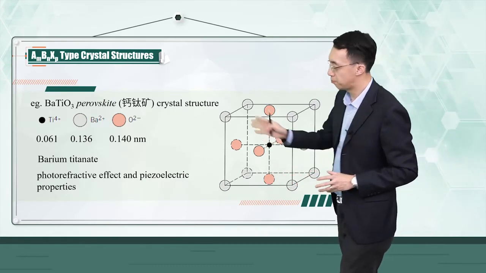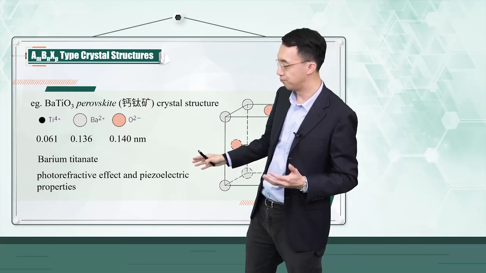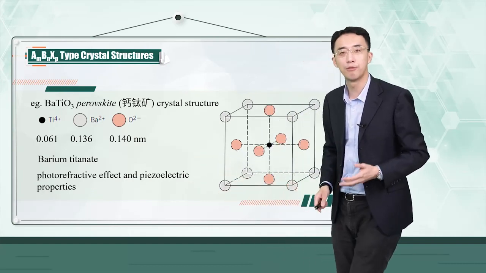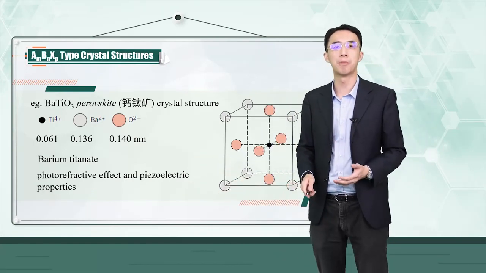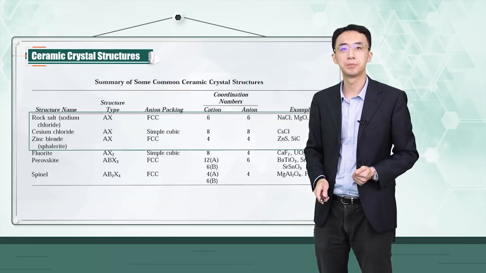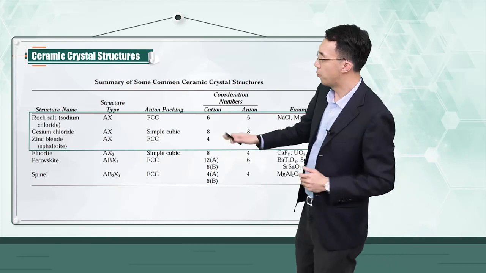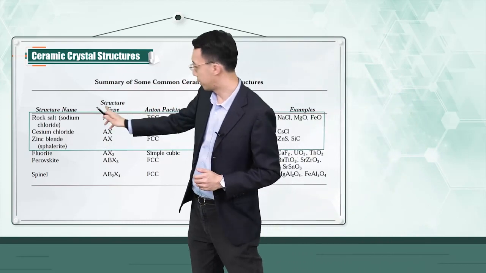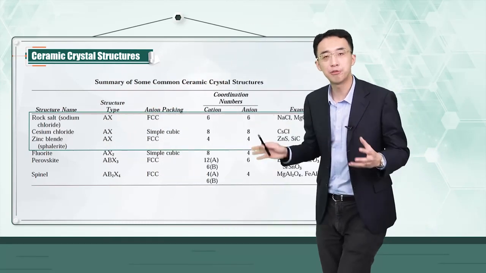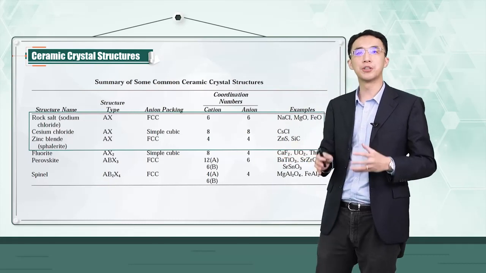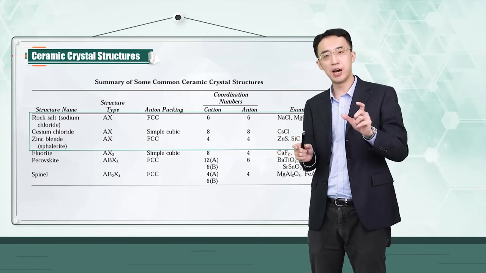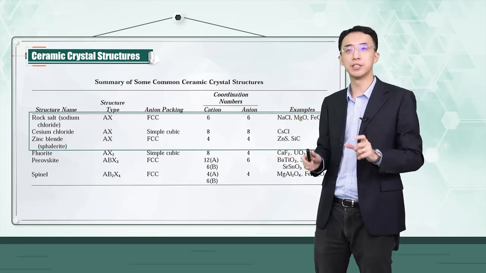And this particular crystal is very attractive in terms of optical and magnetic properties. Okay, so to summarize a little bit, even with a simple stoichiometry, you may have different crystal structures based on the difference in their cation to anion atomic radius ratio.